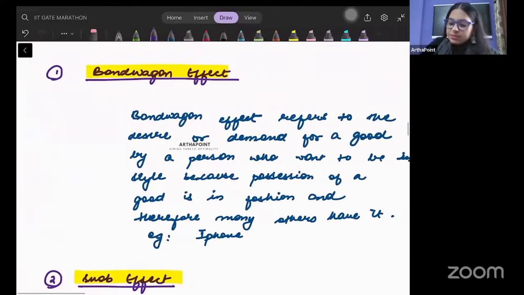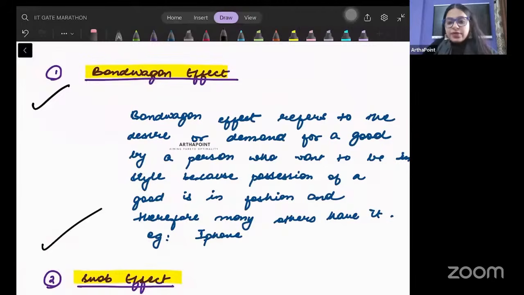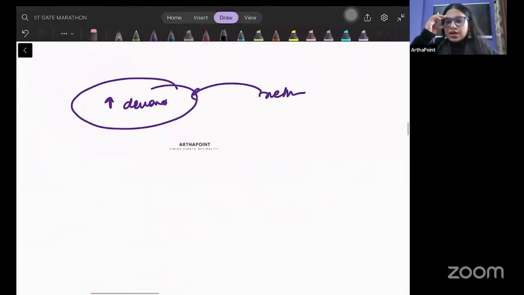Network externality can be divided in two parts: bandwagon effect and snob effect. Bandwagon effect is that effect which involves network externality due to fashion. Just for example, all of us are aware that, I'm not sure अभी क्या latest fashion है, but for example, अभी तक everybody was using, say, a particular kind of phone. And now because another phone is in fashion, you start using that phone.